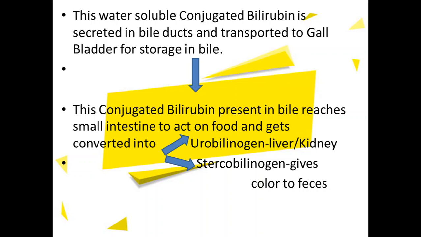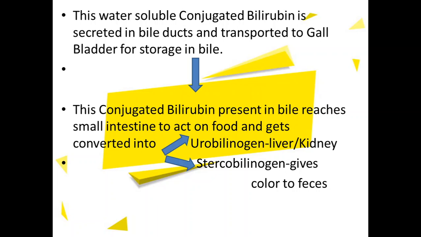Now this is water soluble, right? So it is given into bile canaliculi, through which it enters bile duct and it is transported to gall bladder, where the conjugated bilirubin is stored in bile. So now from blood it reached liver, from liver it has reached the gall bladder.